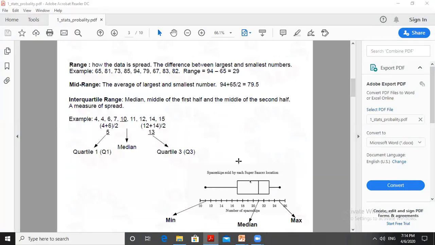New share, I'm taking this as a word. Okay. There's a way you can define the range, mid-range, interquartile range for the data points.